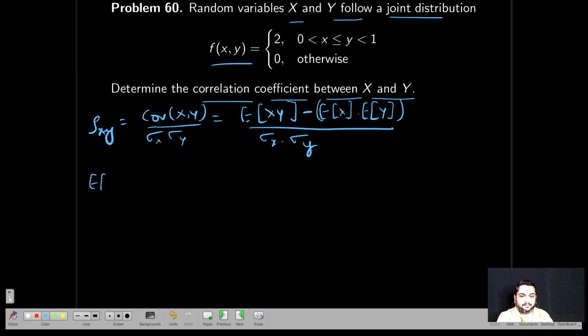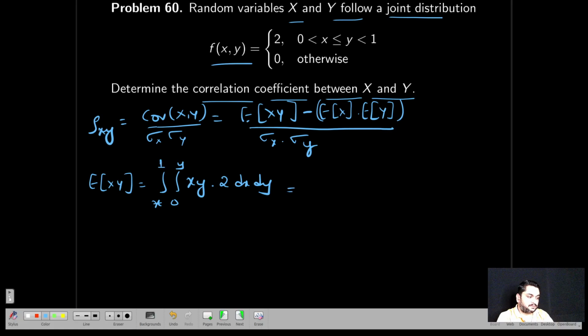Now e of xy is equal to what? Integration of xy into your density function dx dy. What are the intervals here? The x interval is 0 to y. The y interval is x to 1.